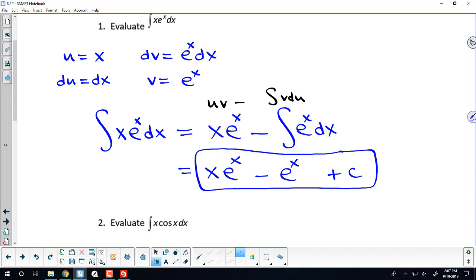You know, if time permits, you could check your work too, if you took the antiderivative correctly.